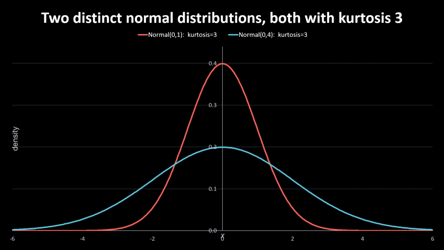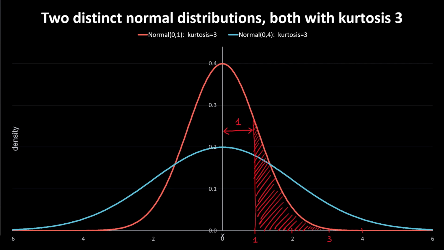We said that it's a measurement of the heaviness of the tails, but we need to be a little more precise than that. The fact that these two distributions have the same kurtosis value means that their tail behavior relative to their own standard deviation is the same. Put differently, if we were interested in the random variable with the red distribution here, which has a variance of 1, and we are interested in the event that this random variable takes on a value greater than 1.